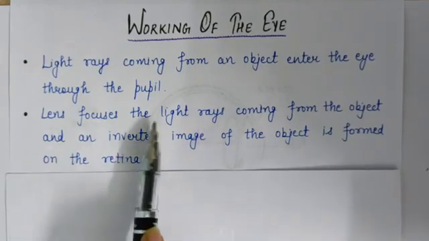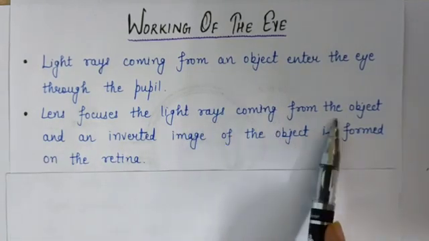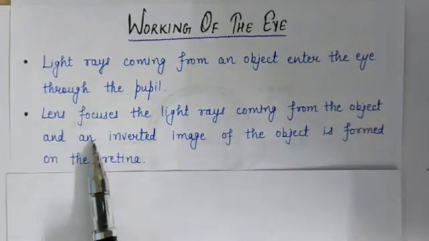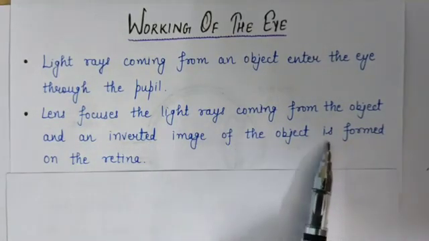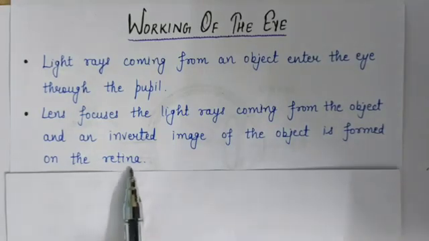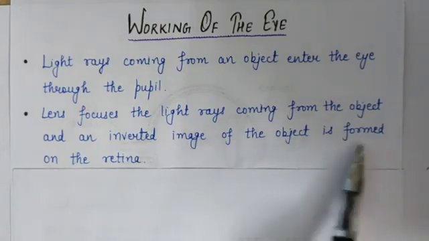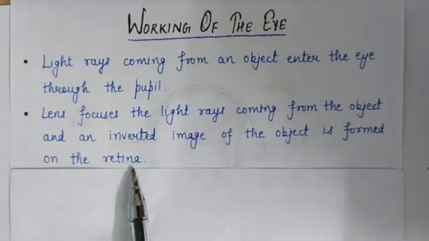So the lens focuses the light rays coming from the object and an inverted image of the object is formed on the retina, because we know that the retina acts like a screen on which the image is formed.